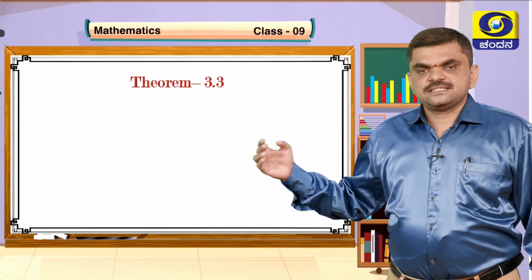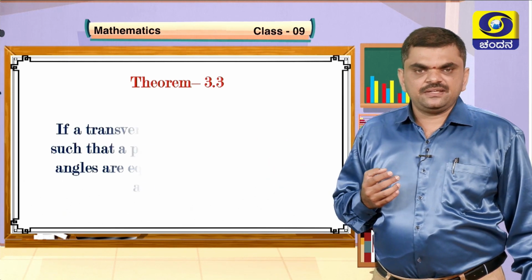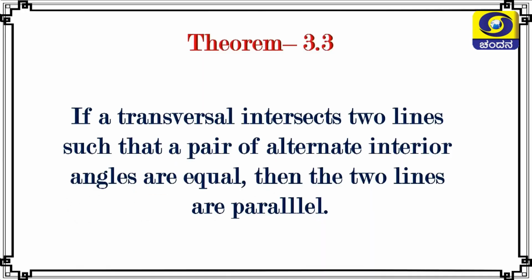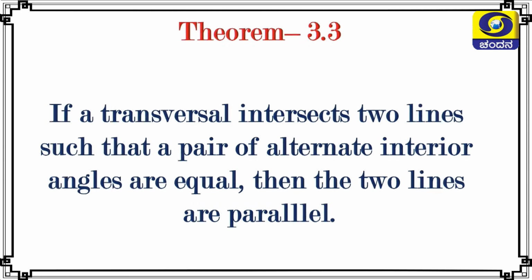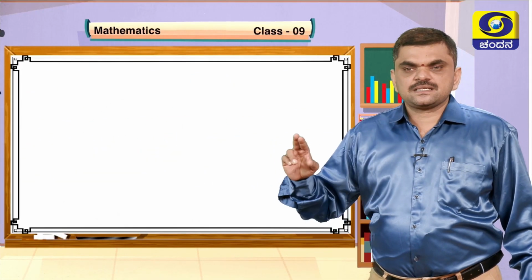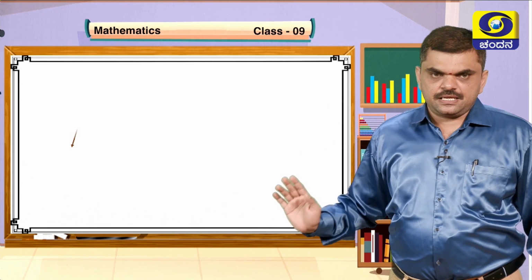Now, there is another theorem, theorem 3.3. If a transversal intersects two lines such that a pair of alternate interior angles are equal, then those two lines are parallel. Observe here, children. It is a corollary of the previous theorem.